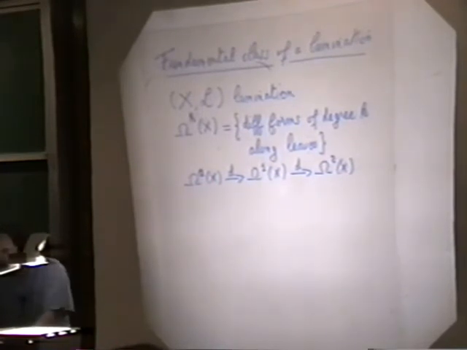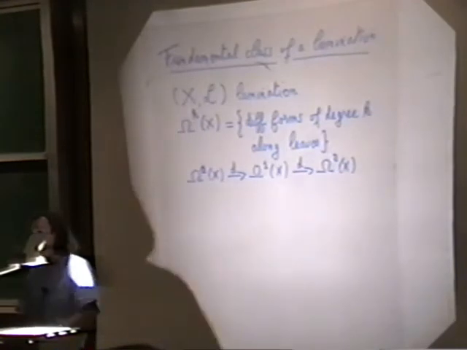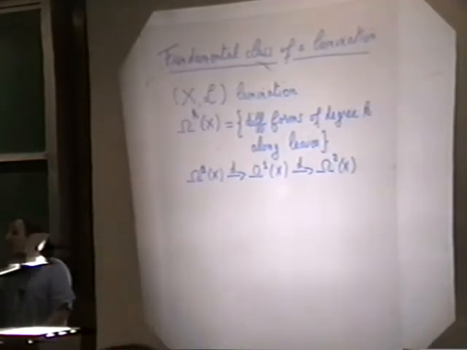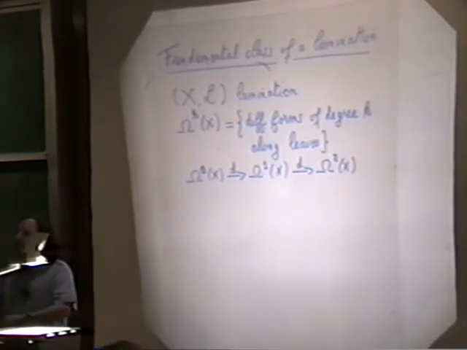So before I explain what's happening, I'm defining some very trivial things, just like for any manifold on which you can define differential forms. If you have a Riemann surface, you can define differential forms. Of course, by differential form, I mean something which is defined only along the leaves and which is continuous in the transversal direction.